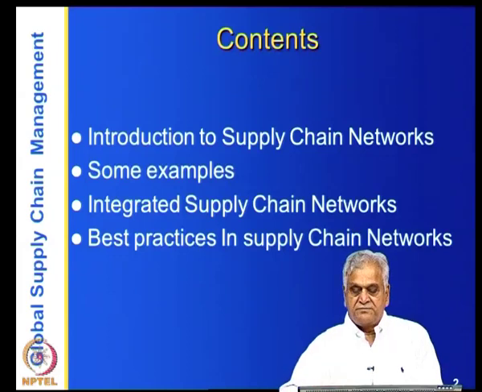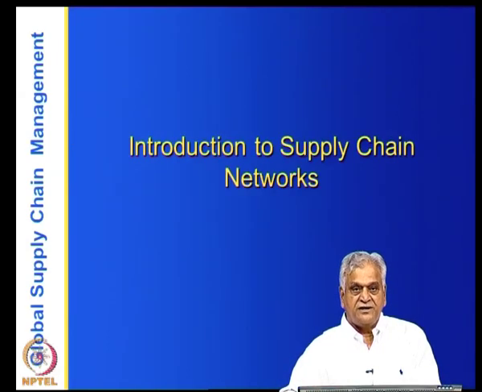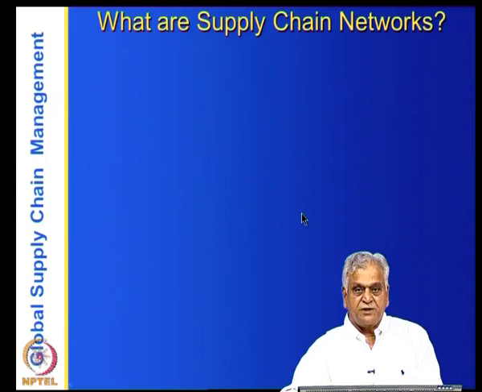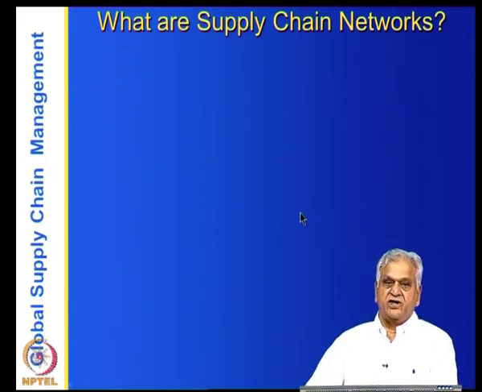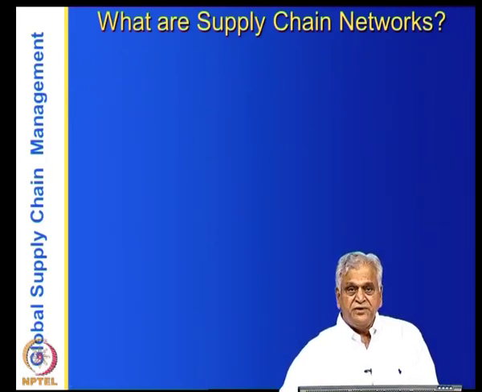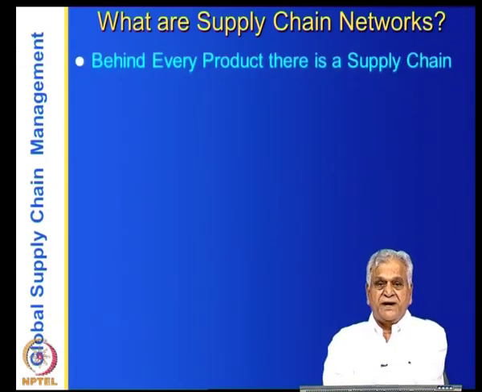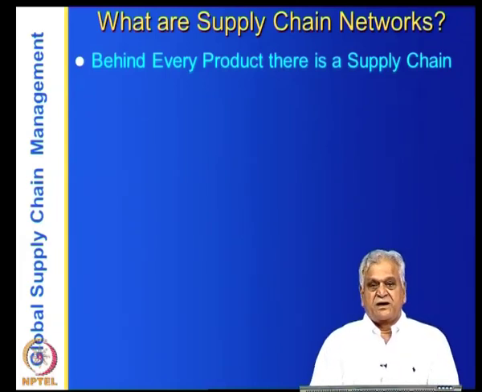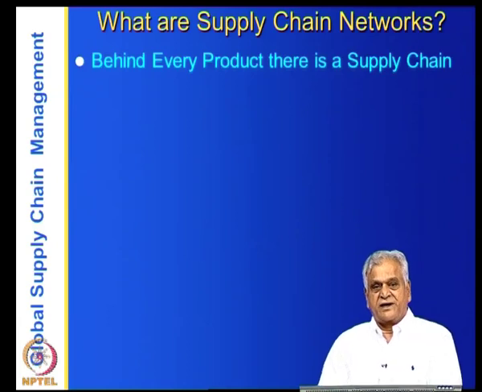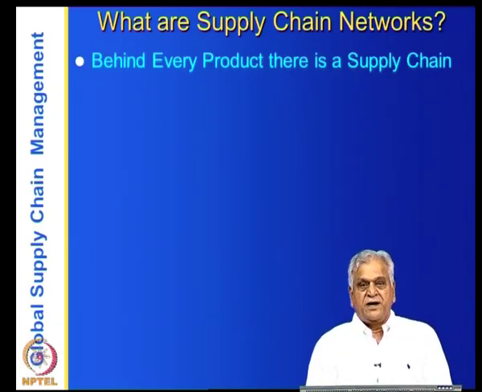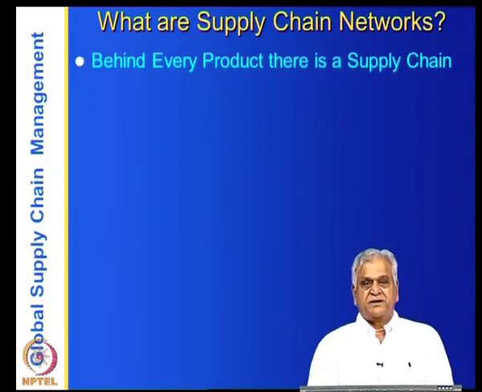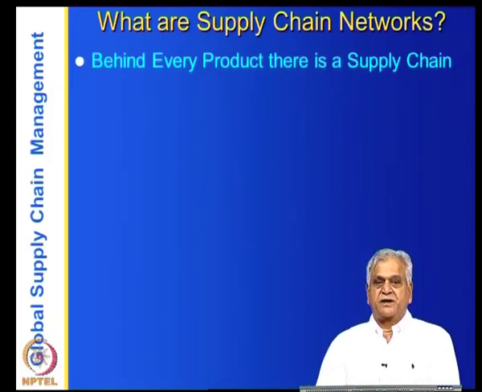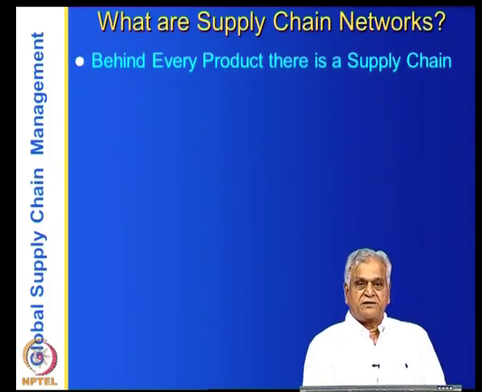So to start with the first slide, as the introduction to the supply chain networks. What are supply chain networks? If you look at this one, behind every product, there is a supply chain. In other words, supposing you take a car, or you take a cell phone, or you take a PC or a laptop, behind that there are basically several companies working together to produce that particular product.